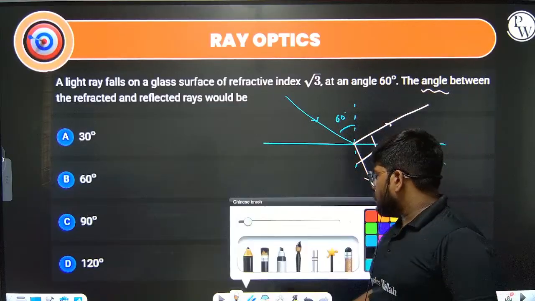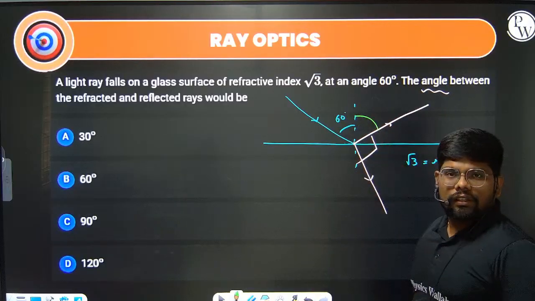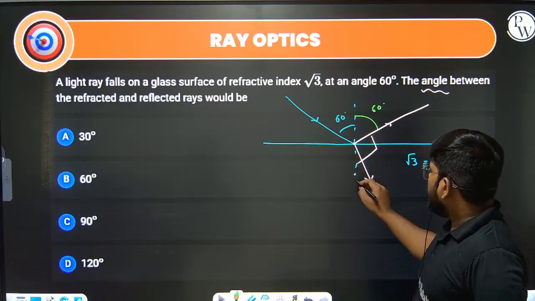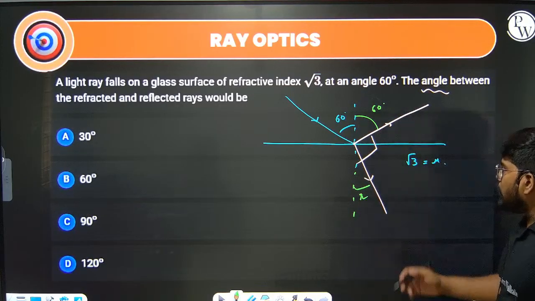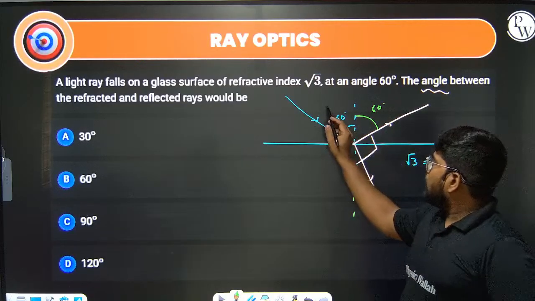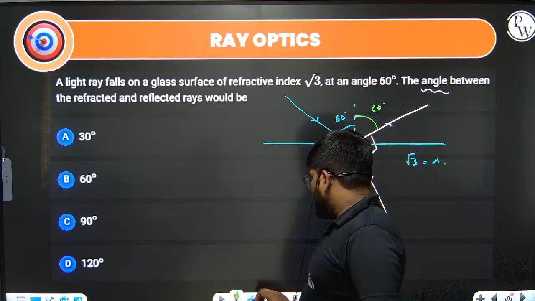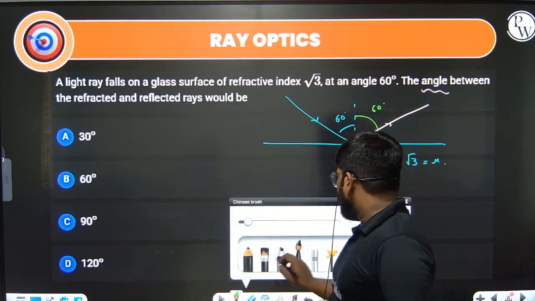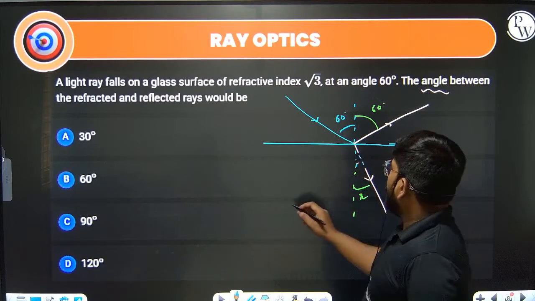So just two laws are needed. In reflection, the angle should be 60 degrees, and here in refraction, if you apply the law, we get this angle. Once again, we should not take this as 90 degrees. We don't know the angle; that's what we are here to find. Now how to find r?